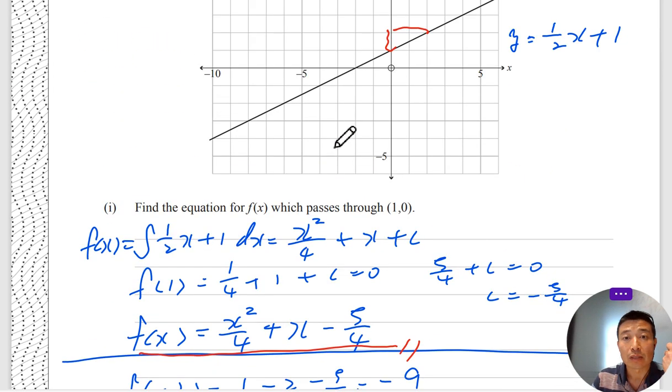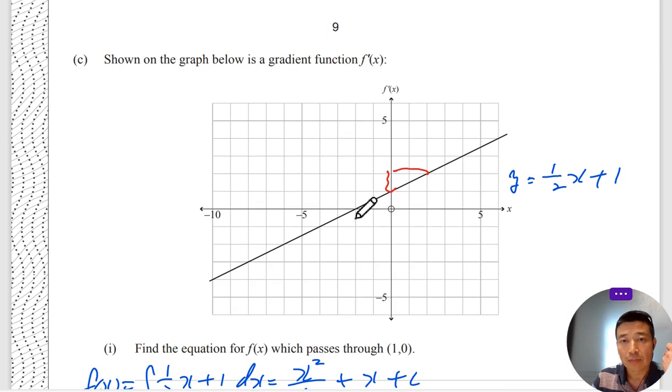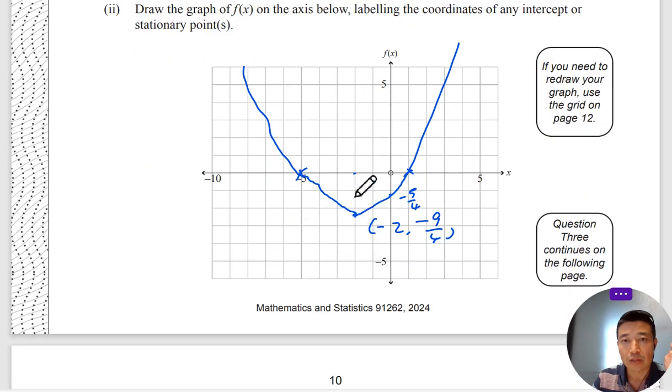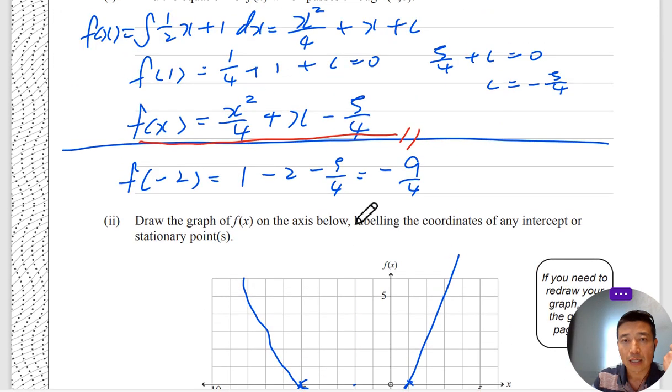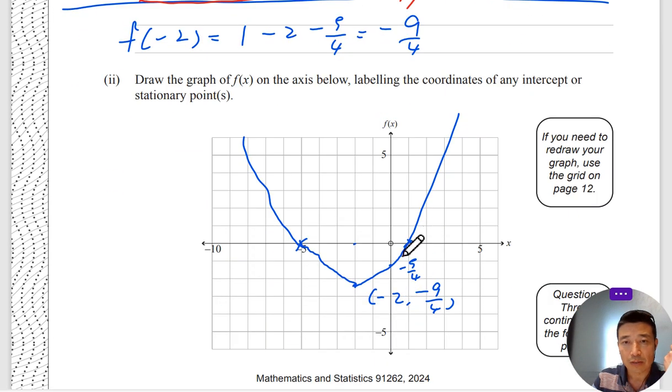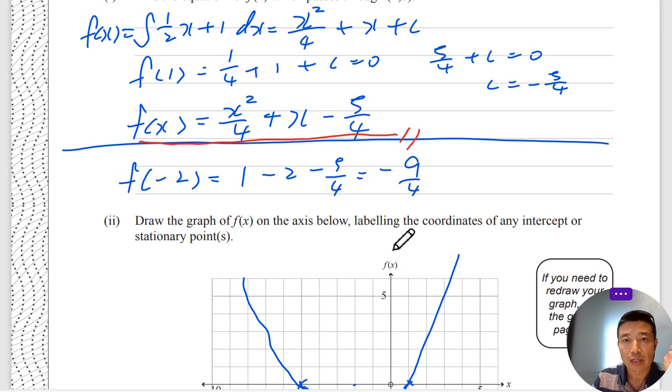When x is negative 2, that's the x-intercept. So x-intercept must be the turning point. So when you plug in negative 2, you get negative 9 over 4. That's the turning point.